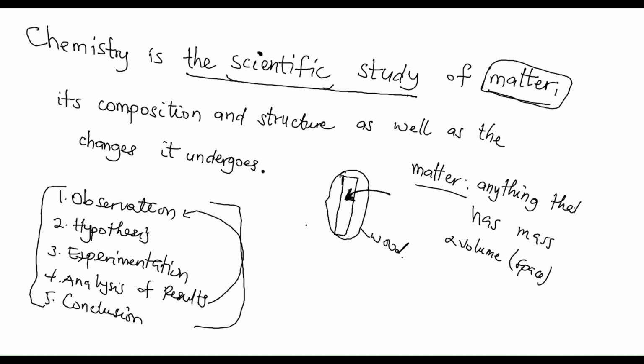You can name others: pen, bench, car, chalk, duster. Anything that has mass and occupies space. Yes, that's basically matter. I know we know that, and we can cite a lot of examples of what matter is.